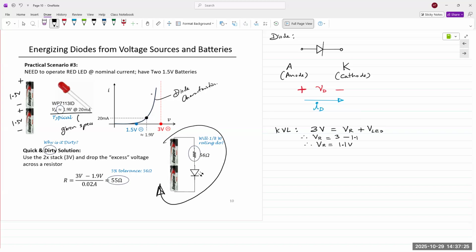So from applying KVL, if you want to limit the voltage across the diode to 1.9 volts, then the resistor must drop 1.1 volts across it. Also, the resulting current cannot be more than 20 milliamps.